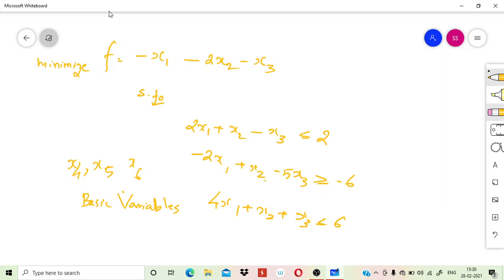So these are known as the basic variables, and non-basic variables means x1, x2, x3 are the non-basic variables. And in that situation we got a solution known as basic feasible solution.